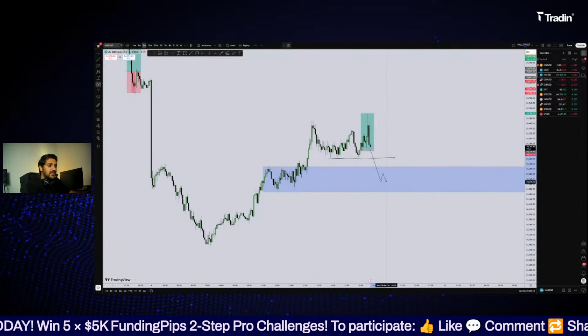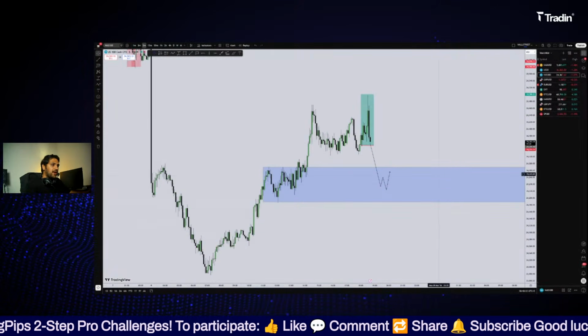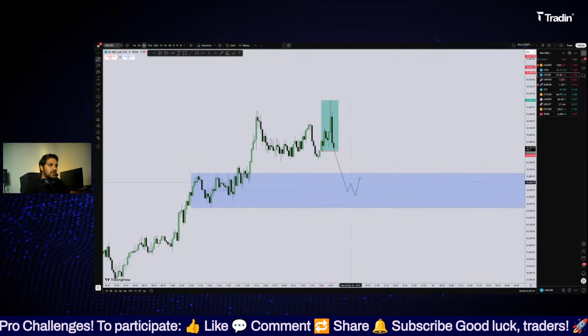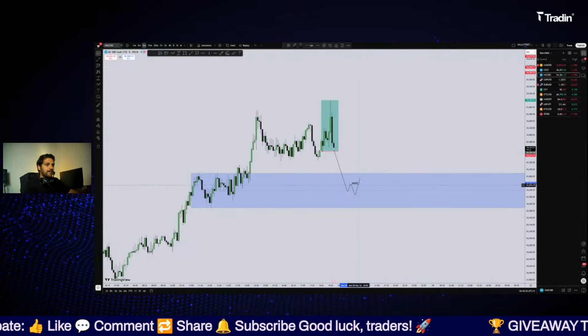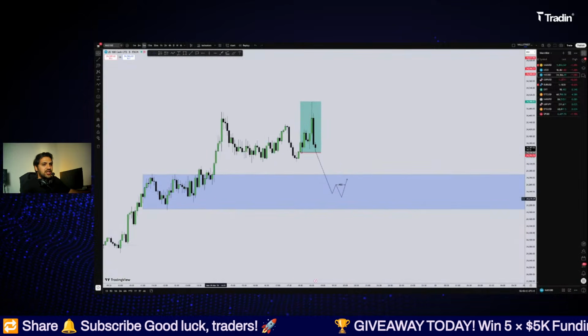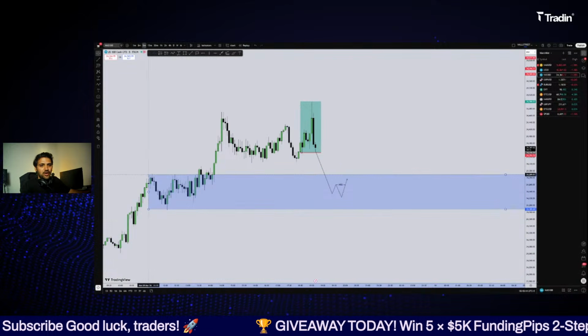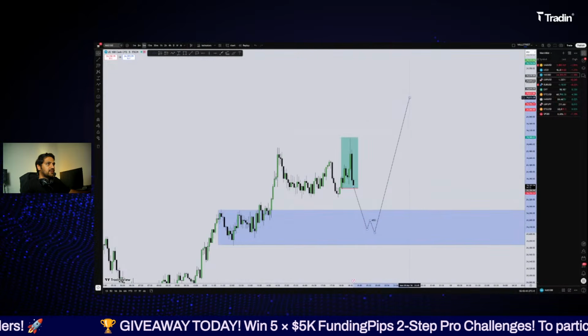And if the price gives you a market structure shift on the 1-minute time frame from here, you can look for a buy opportunity, right? This is also for my Discord community. If you guys are watching, look for this zone right here for a buy trade on NASDAQ.